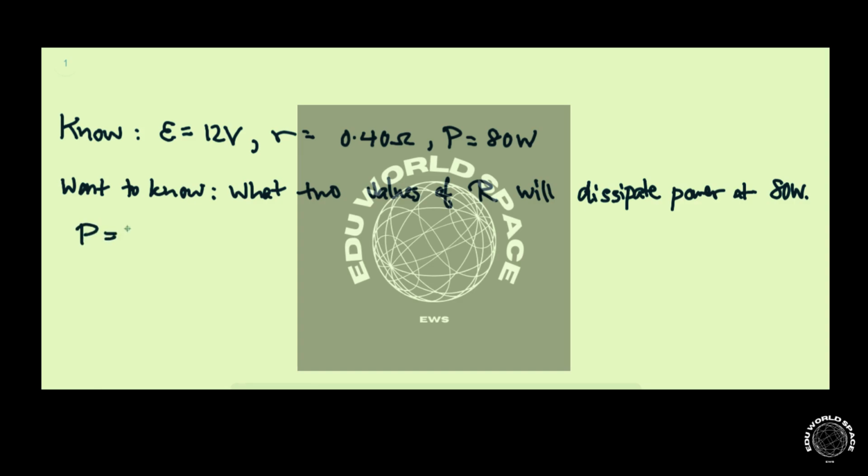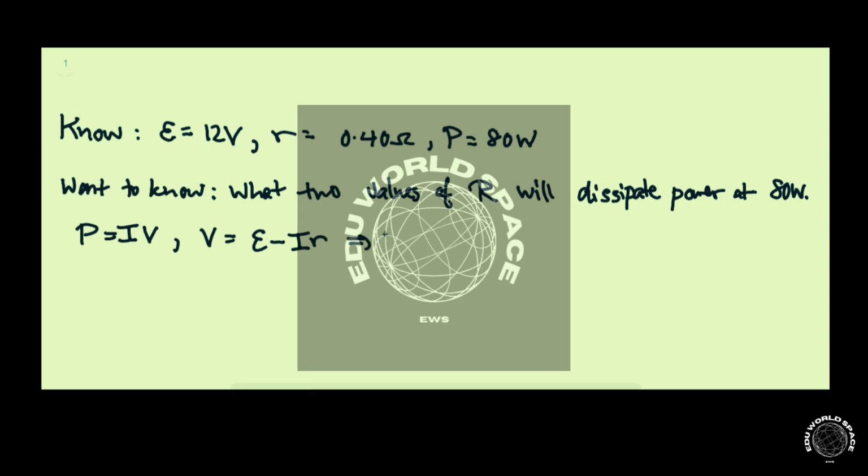power dissipated is the current times the voltage, or the potential difference across the resistor. And we also know that the potential difference is equal to the EMF minus the drop across the internal resistance. So we can substitute the second part into the first part.